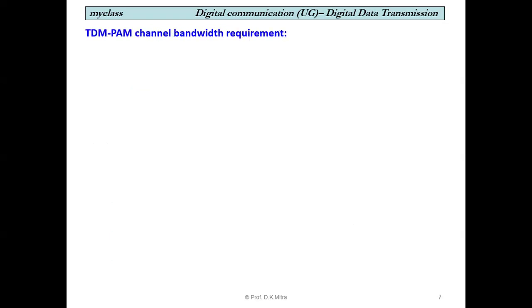Then one important issue is what is the bandwidth of the channel required. Say you are transmitting voice signals, right? And say each voice signal is limited to 10 kilohertz, right?